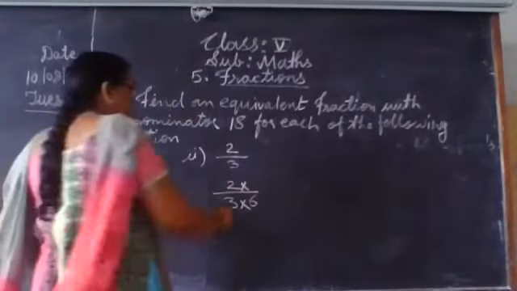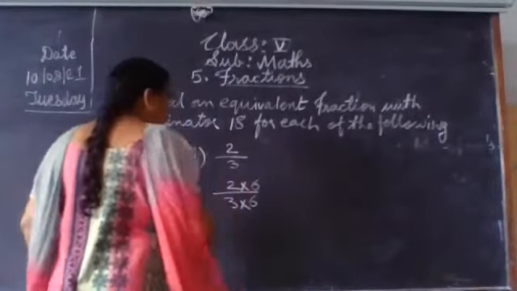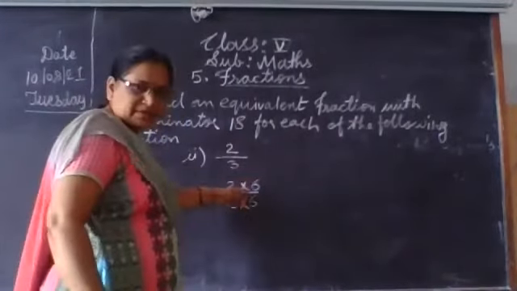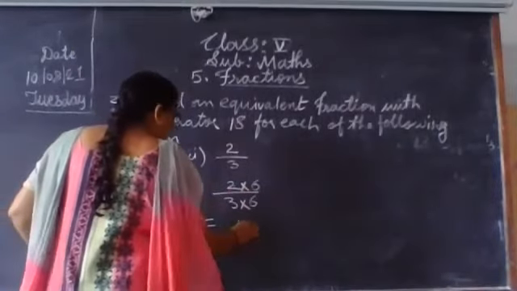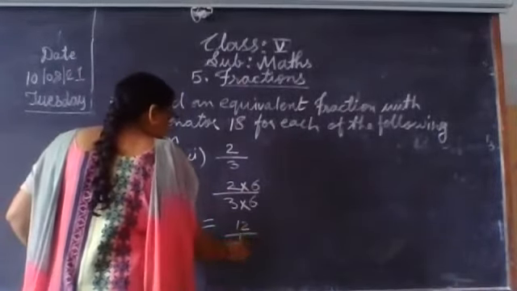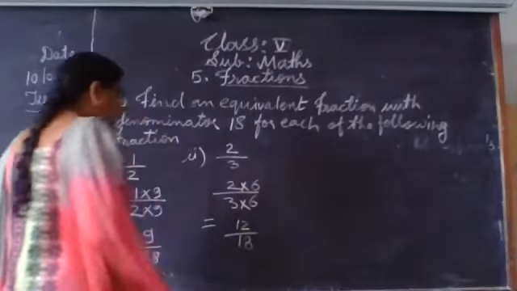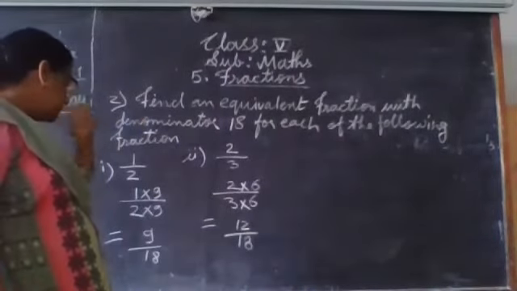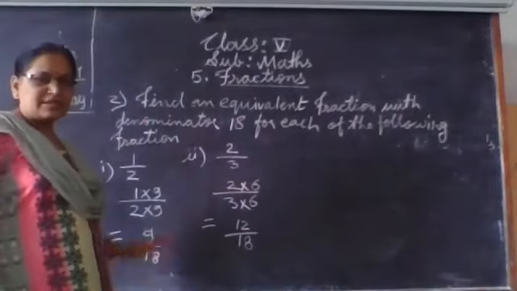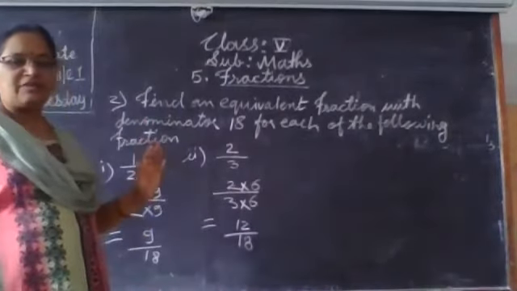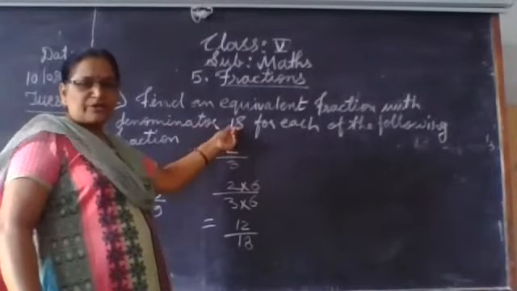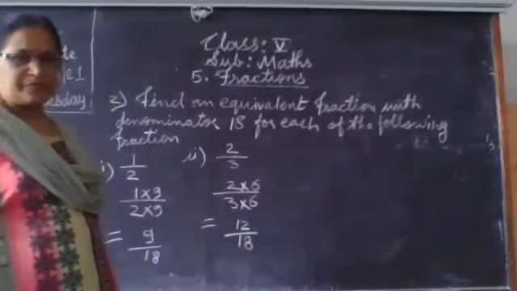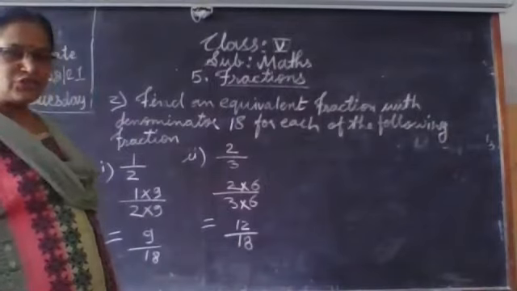So you must multiply the numerator also with the same number. 6 twos are 12 and 6 threes are 18. So what is it, beta? In this way, you can find the equivalent fraction, and the question is, denominator should be 18. Now let us see another question on division.